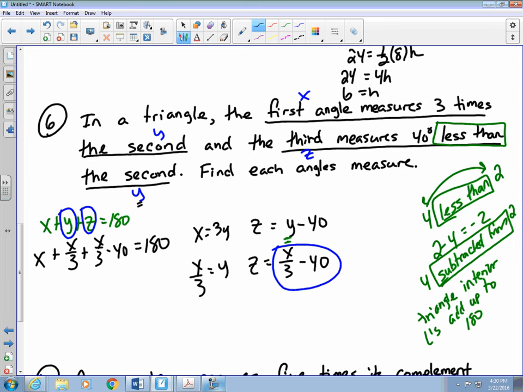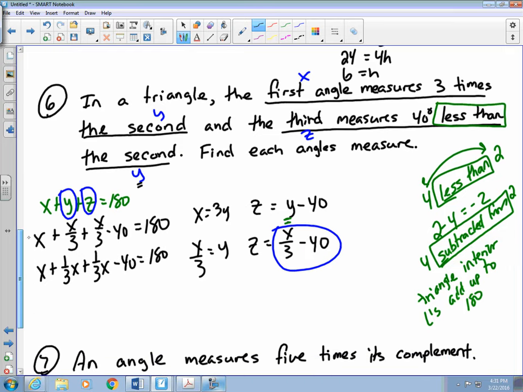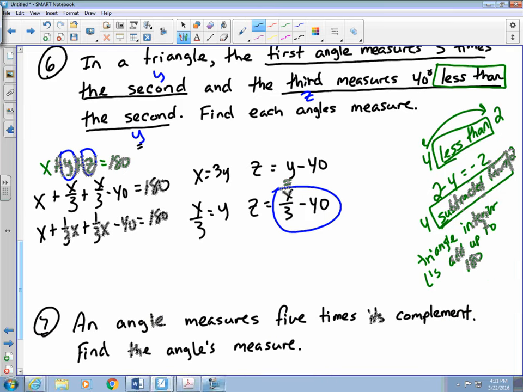As far as the left side is concerned, you can rewrite these as 1/3 x's if you want. We talked about earlier that you can multiply by the LCD, which in this case would just be 3, and you get rid of all fractions. Not necessary. We can easily do 1 plus a third plus a third, so it's going to be 1 2/3 x.